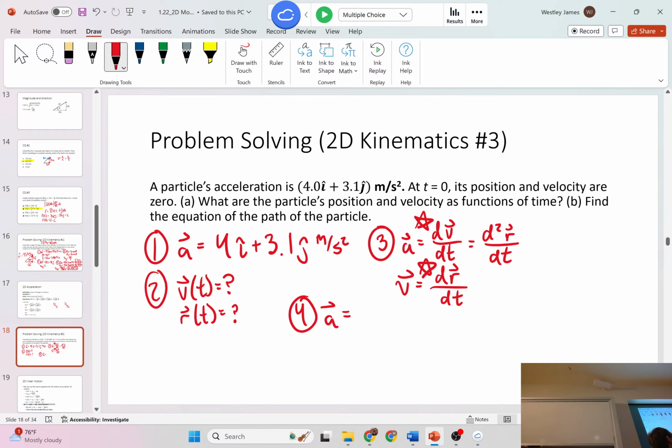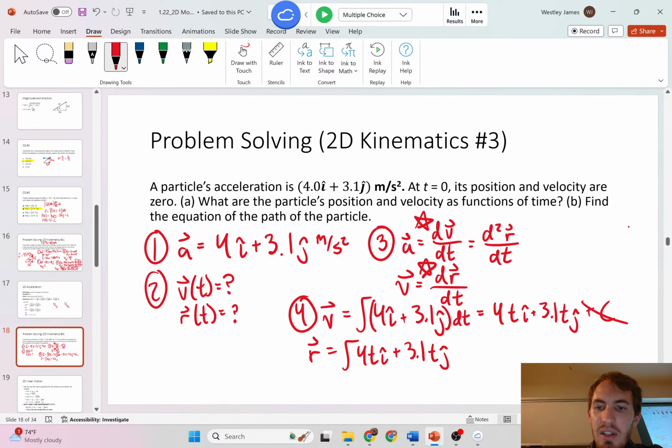All right, now we do the position. We're going to integrate what we just found, 4t i hat plus 3.1t j hat. And that is going to equal 2t squared i hat plus 1.55t squared j hat.